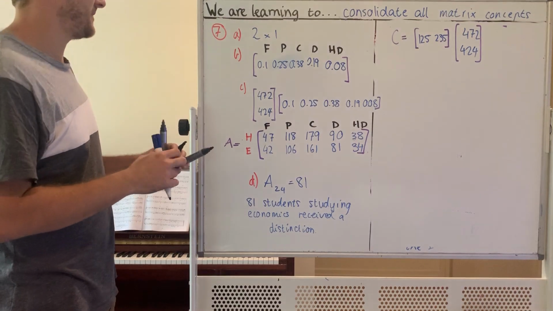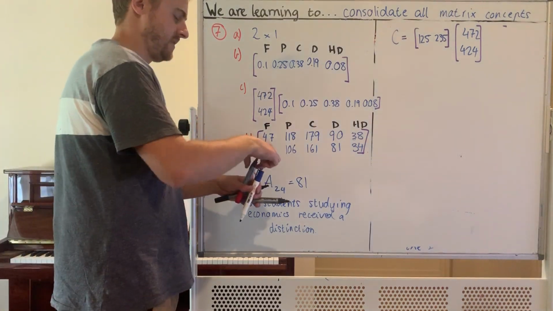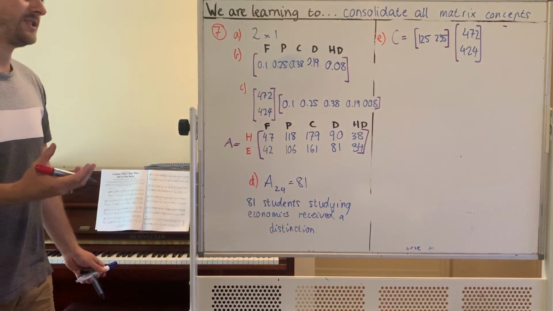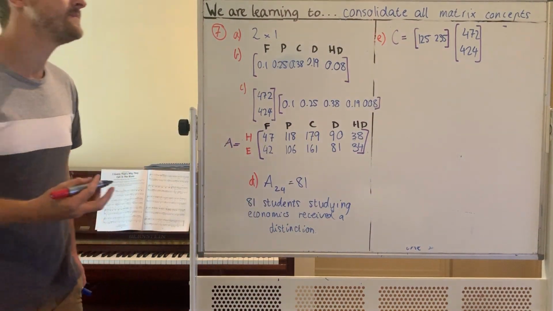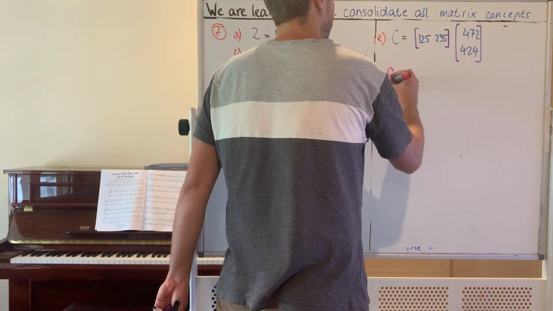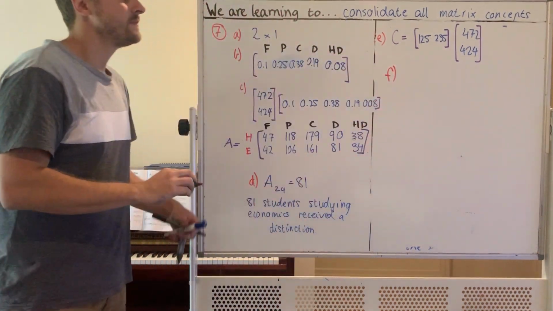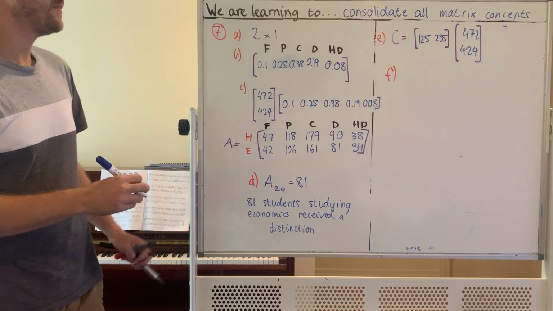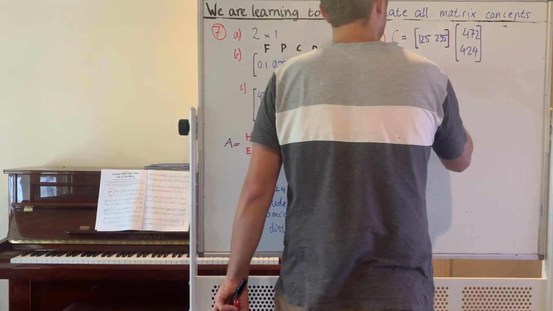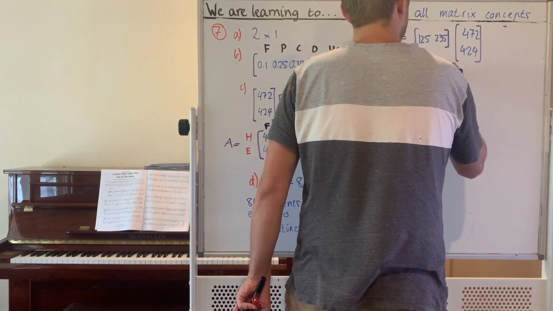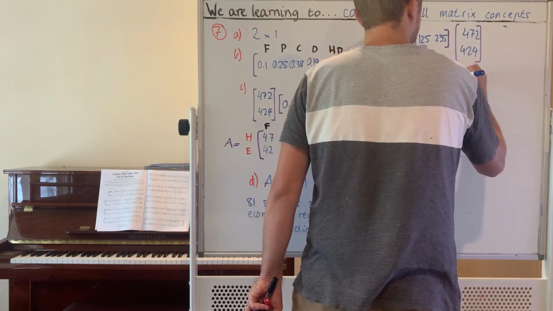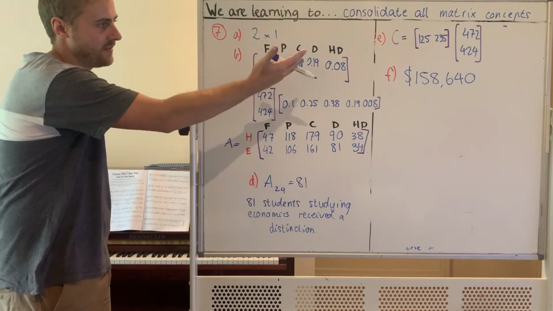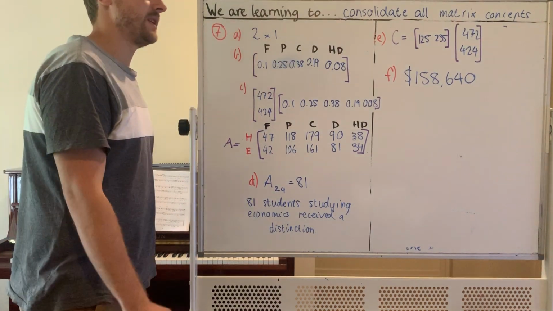Now, that one doesn't actually ask us to work it out. It just says construct a matrix calculation. That's going to give us the answer. We don't actually need to work it out until we get up to F. So you put those into your calcs, or if you really want, you can do it by hand. You'll get the figure of $158,640. So to give you a 1 by 1 matrix, the one figure, that will be that one there.